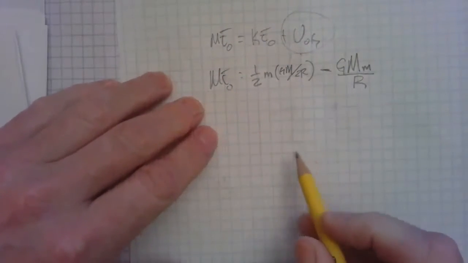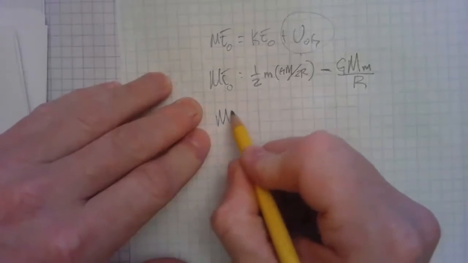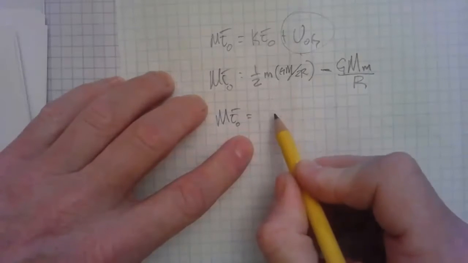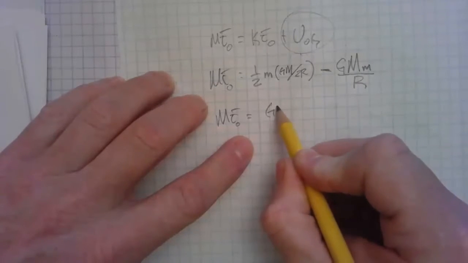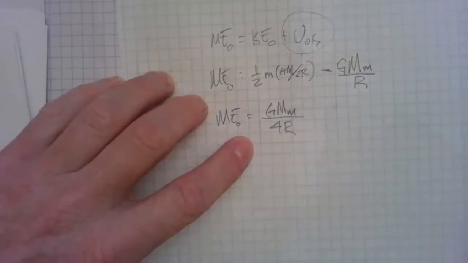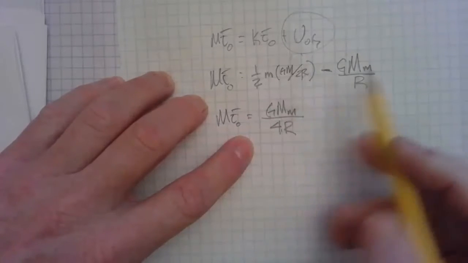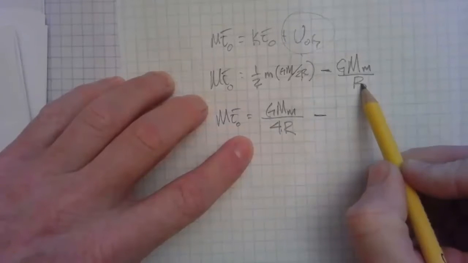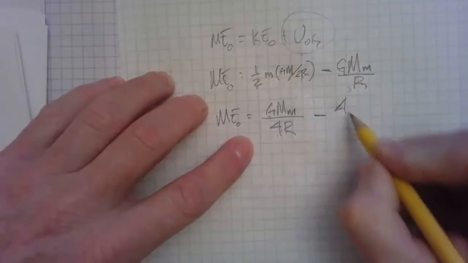Let's clean this up a little bit. I got mechanical energy initial is equal to, put a 2, it's going to be a 4, so it's going to be big G, big M, little m, over 4r, minus, now this just has an r in the bottom, so let's multiply top and bottom of this by 4, so that the denominators are the same.